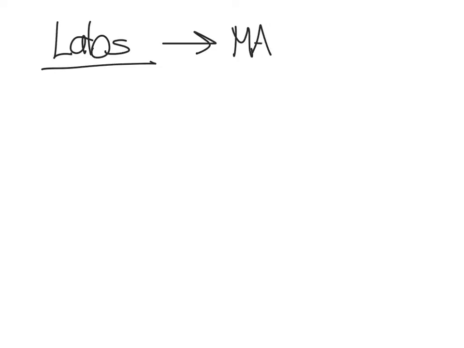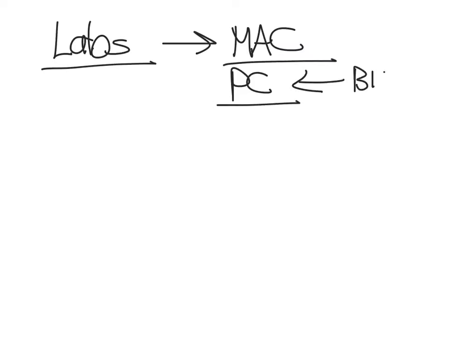And what they did was we assigned some labs here on campus. And we had a variety of computers. We had a Mac in one of the labs. We had a PC in which we could look at the BIOS information.